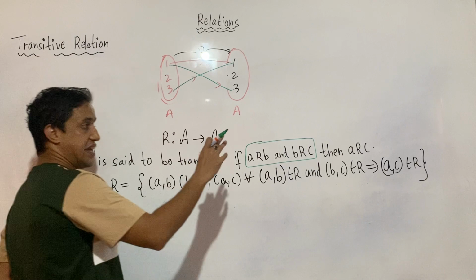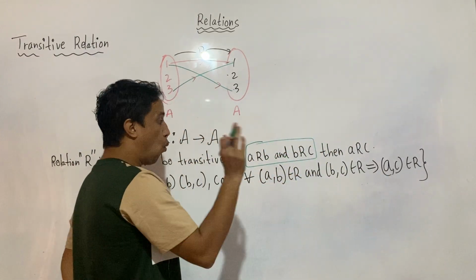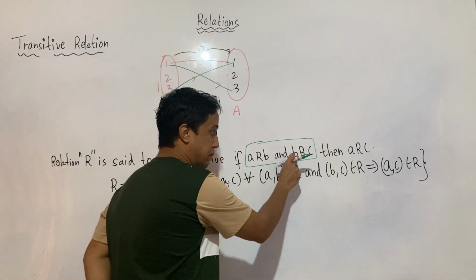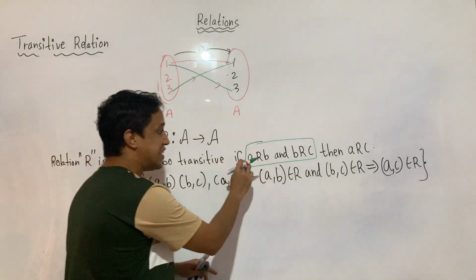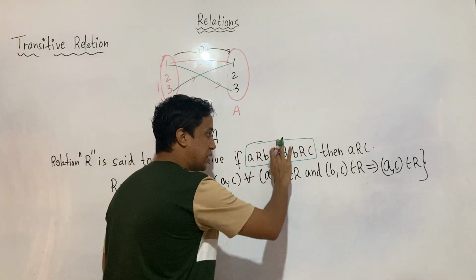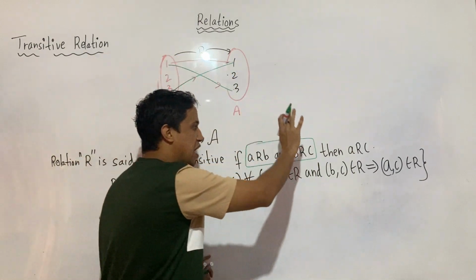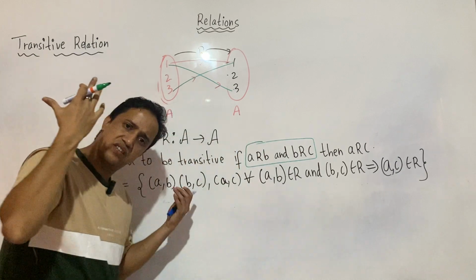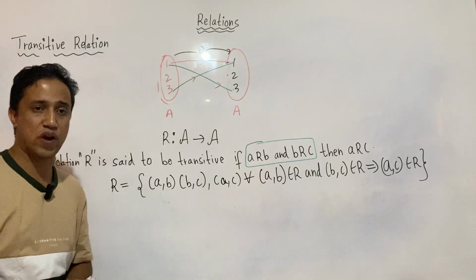A must be related to C only if A is related to B and B is related to C. If only A is related to B and B relation C is not given to you, then it is still transitive. Understand what I'm trying to say?